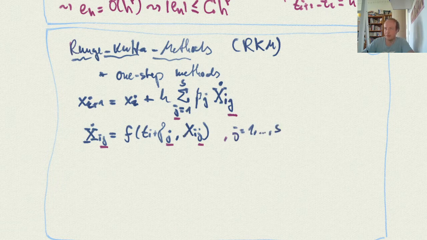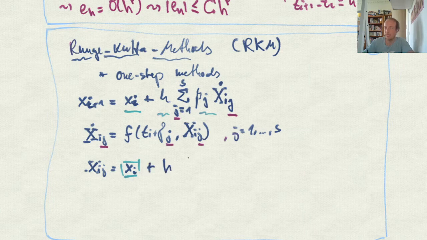Now we have here something new, actually a helper. The xi_j without the dot, called the stage values, are given as x_i plus something that looks similar but is different.